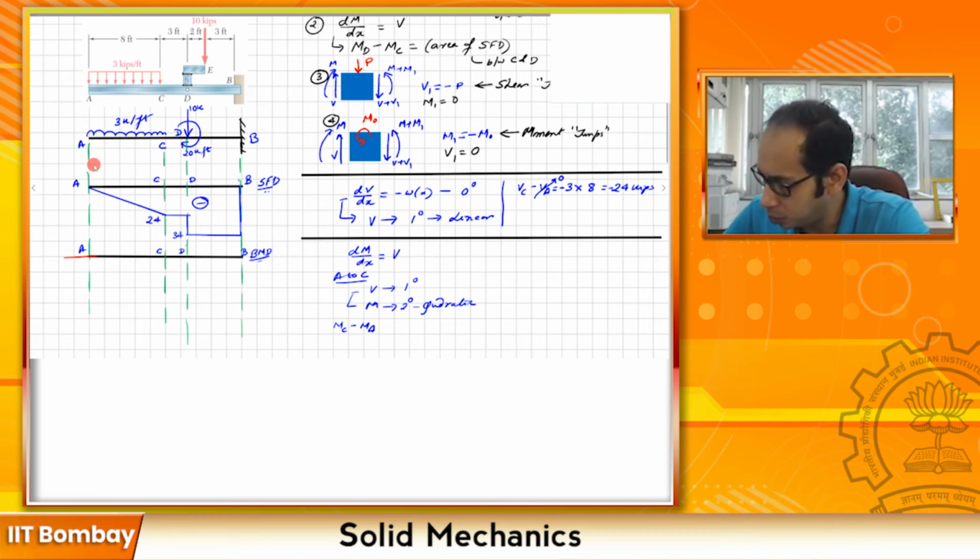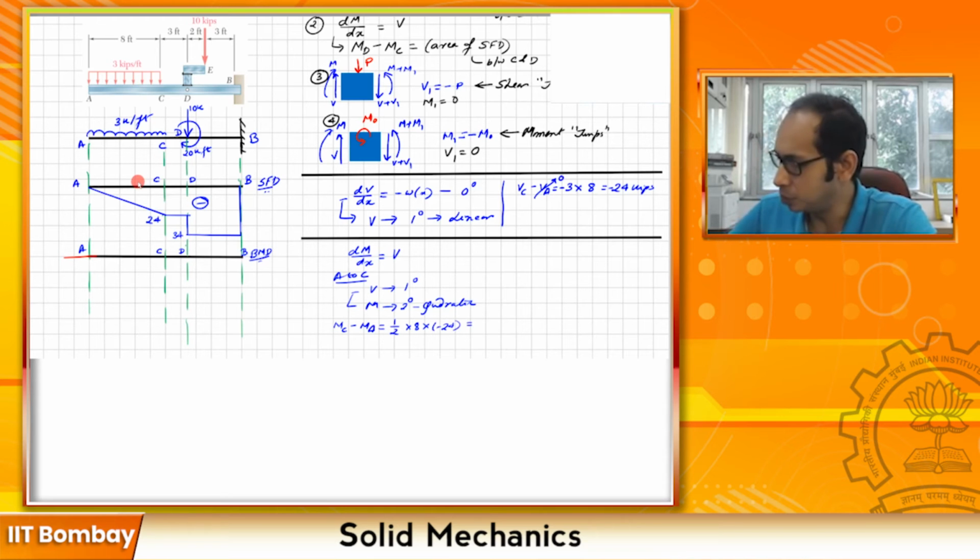It is going to be equal to half, since it's a triangle, as you can see. So half times this distance 8 times the value of the shear force, that is minus 24. That gives you minus 96 kip-feet. So at C, I am going to have a minus 96 over here.